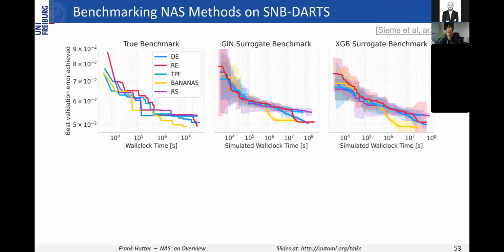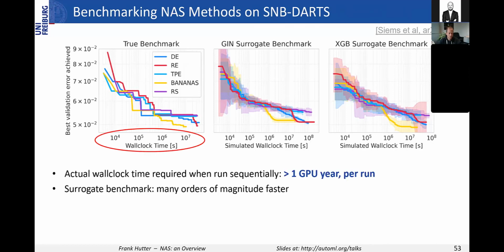You can then benchmark NAS methods on this surrogate NAS benchmark on DARTS. So here would be a run on the true benchmark. This is one run of these individual methods because this takes something like a GPU year here. And on the surrogate benchmark, of course, you can run a lot of different runs, and that's why these curves here are much smoother, and the qualitative trends are preserved.